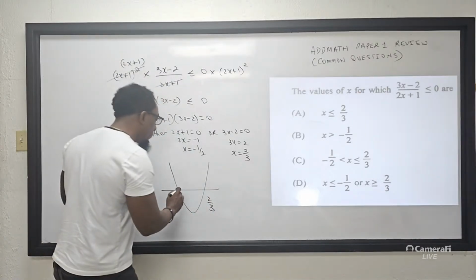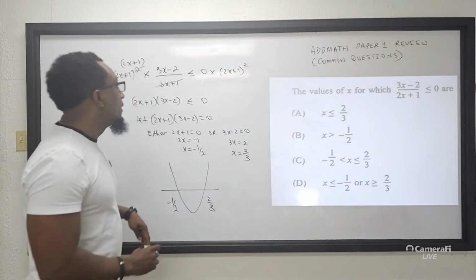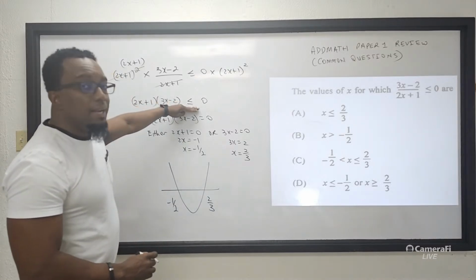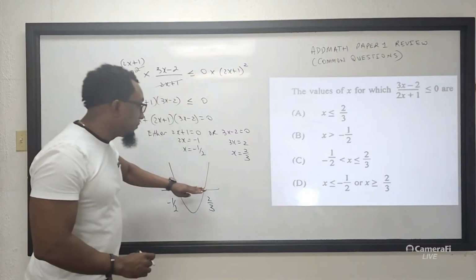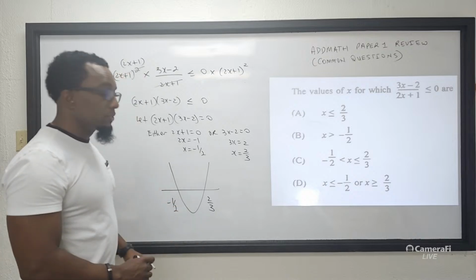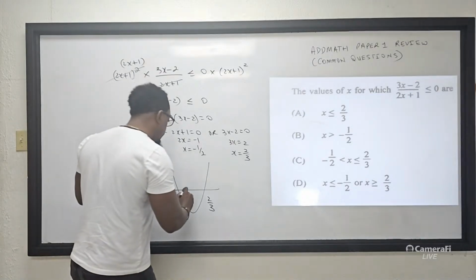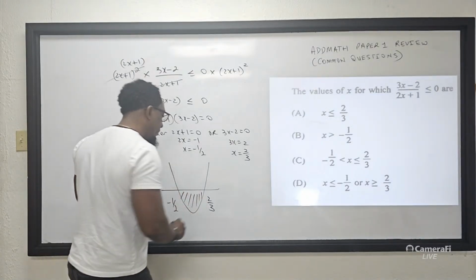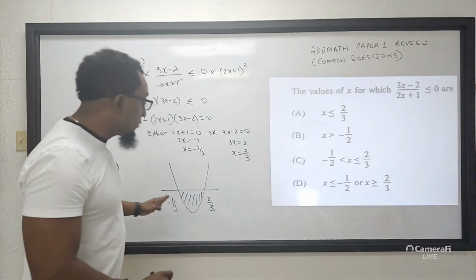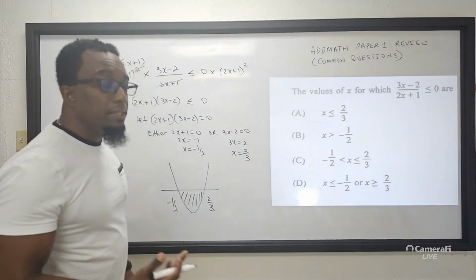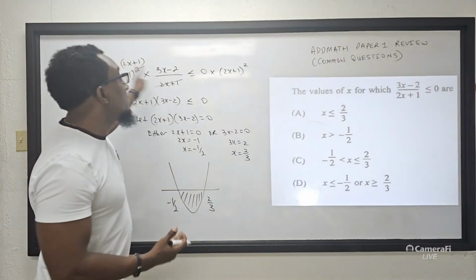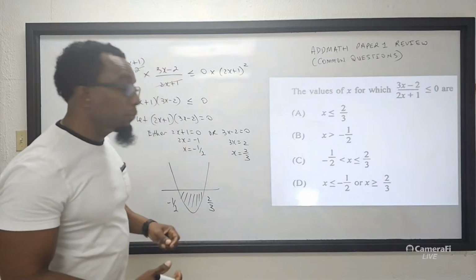And where will my range of values align? Because it's a less than or equal to, it means I'm looking at the region below the x-axis. So below the x-axis will be this region here. And this region will be where my range of values align that satisfy that rational inequality.